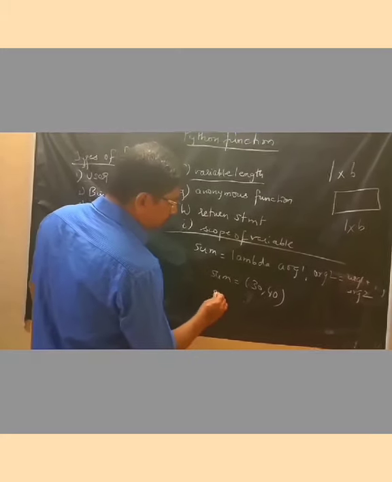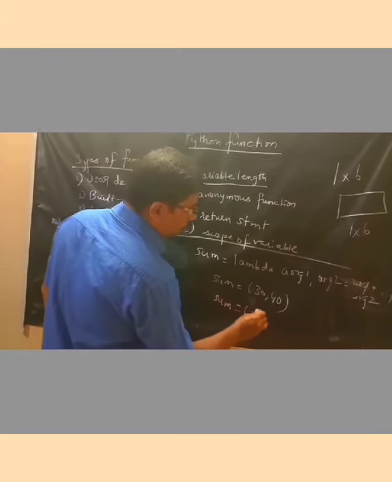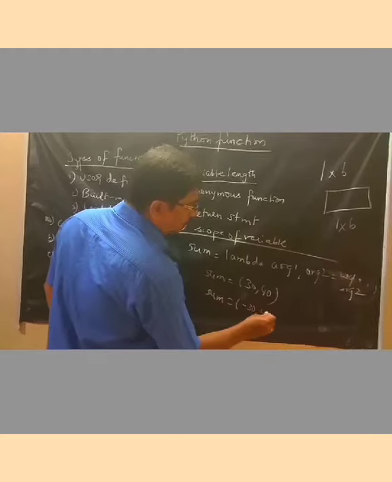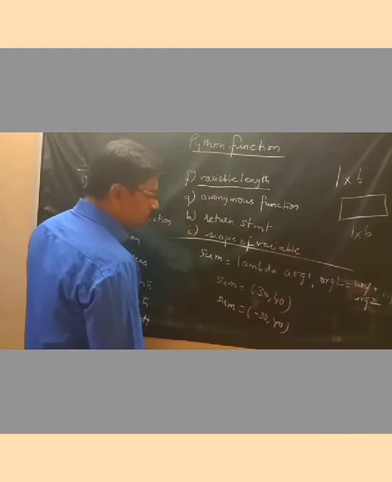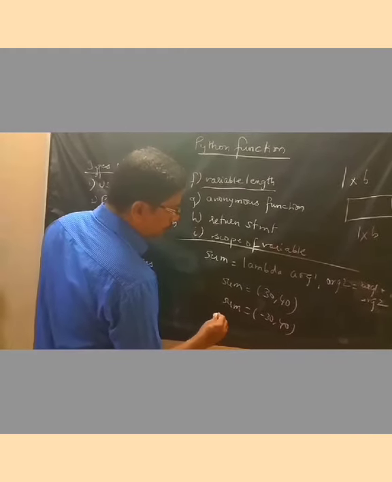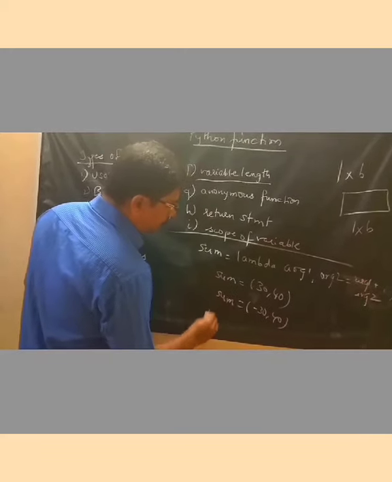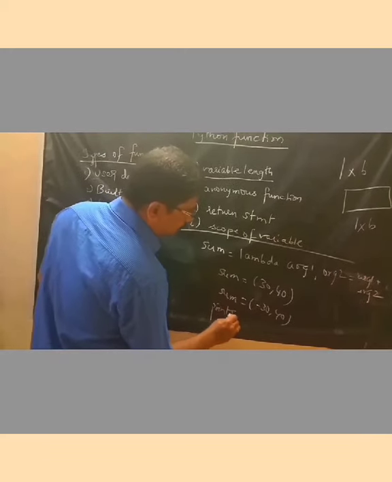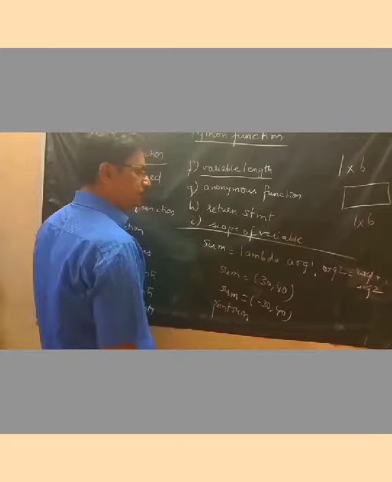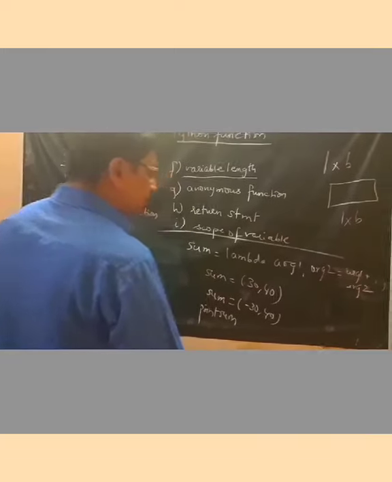And in another statement, sum equal to minus 30 comma 40. Now I use the print sum statement.